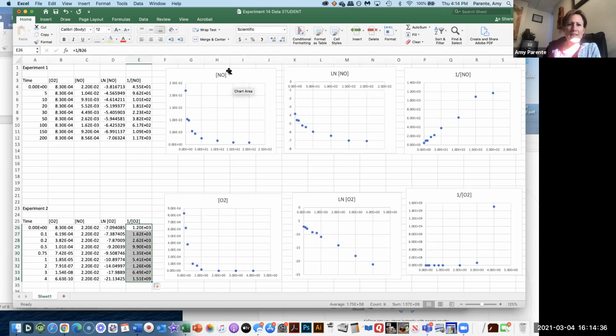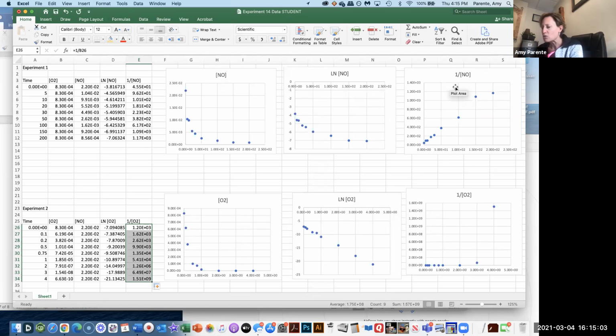So whatever gives us a straight line will tell us that. If we got a straight line with just the straight up concentration, that would be 0 order. If we get a straight line with the natural log of the concentration, that's first order. If 1 over the concentration gives us a straight line, that's second order. So on your page number 5, there's a spot to write what your X and Y values are.